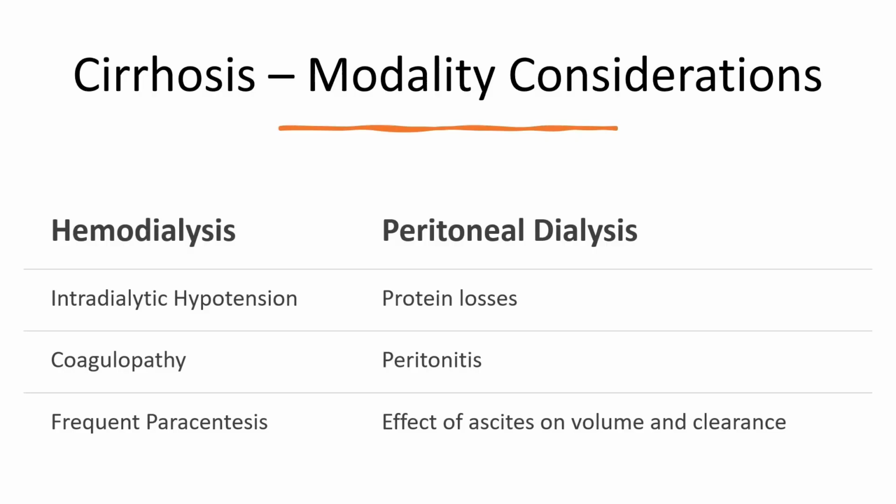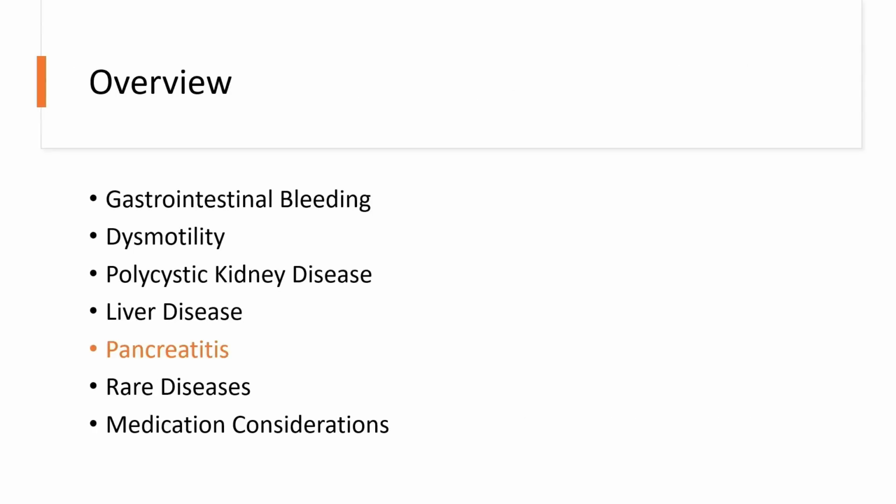So it's not a contraindication. I think it's still worth trying, but that is something that might make you have to change course if that was an issue. The meta-analysis of small studies shows no mortality difference using either hemodialysis or peritoneal dialysis. So either one, depending on patient preference and other factors that would normally make you decide one way or the other.